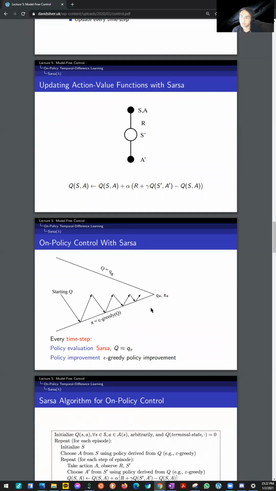If we are only given the values of the states, then to determine the best or greedy action from that state, we would need some kind of probability distribution for assessing which action would lead to better results, which is basically the reward function. But the reward function is only given in the model-based environment. Now we're talking about the model-free environment, so we can't use the value function, but we have to rely on the action value function.